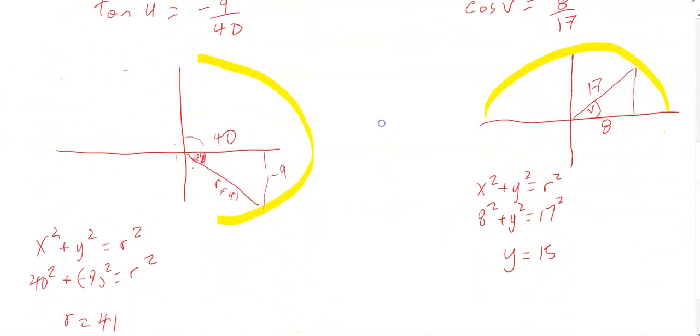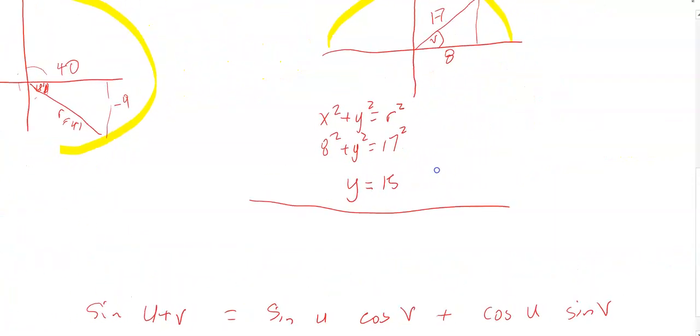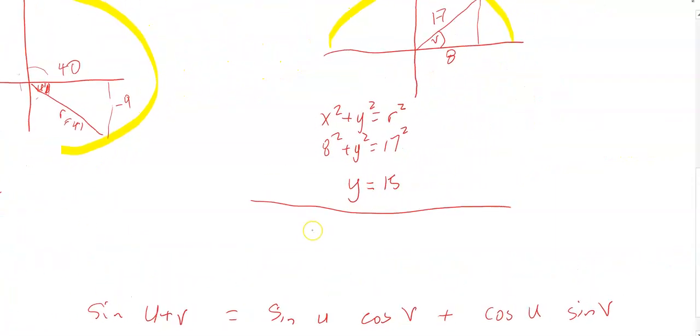Sine of u from this triangle would have been negative 9 over 41. And the cos of u would have been 40 over 41. And from this other triangle, cosine of v was given as 8 over 17. And then the sine of v would have been 15 over 17.